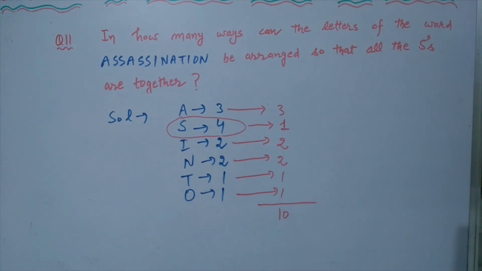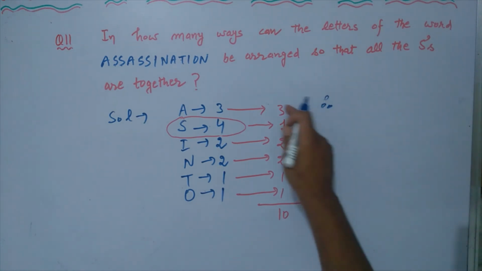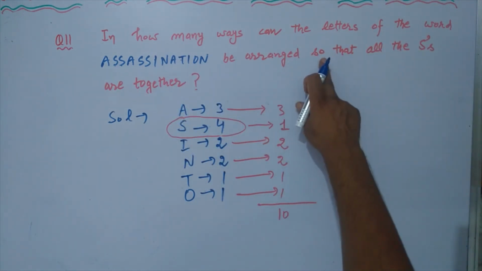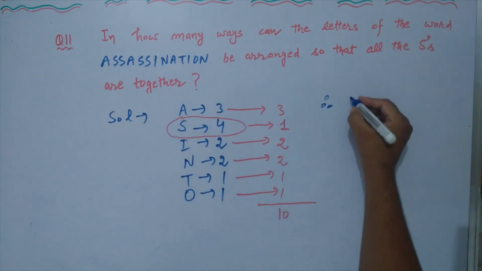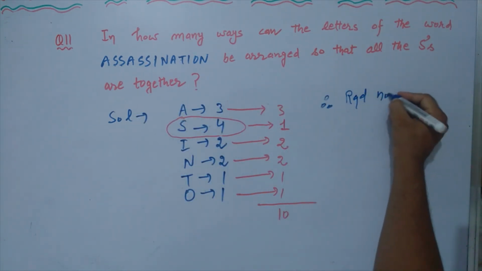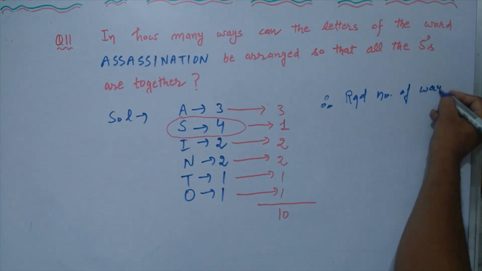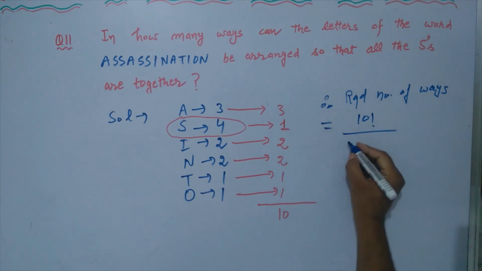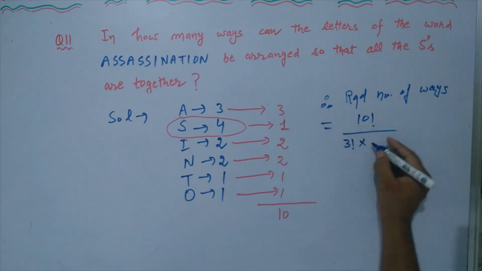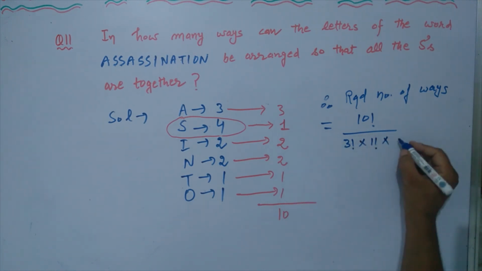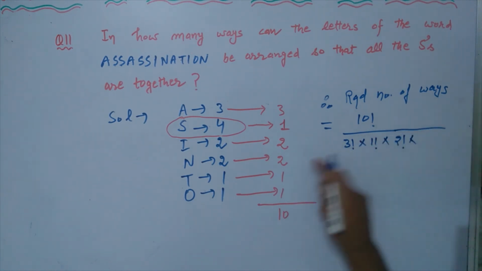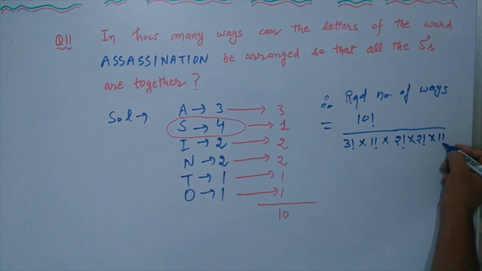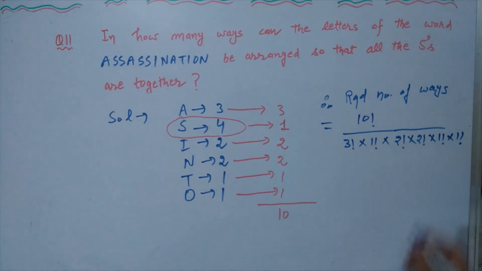Therefore, in how many ways can the letters of the word assassination be arranged so that all the S's are together? Required number of ways equal to 10 factorial divided by 3 factorial into 1 factorial into 2 factorial into 2 factorial into 1 factorial into 1 factorial, right?